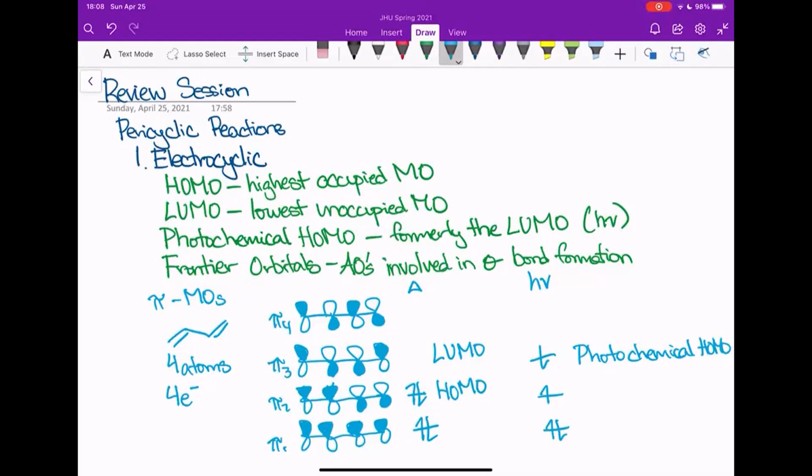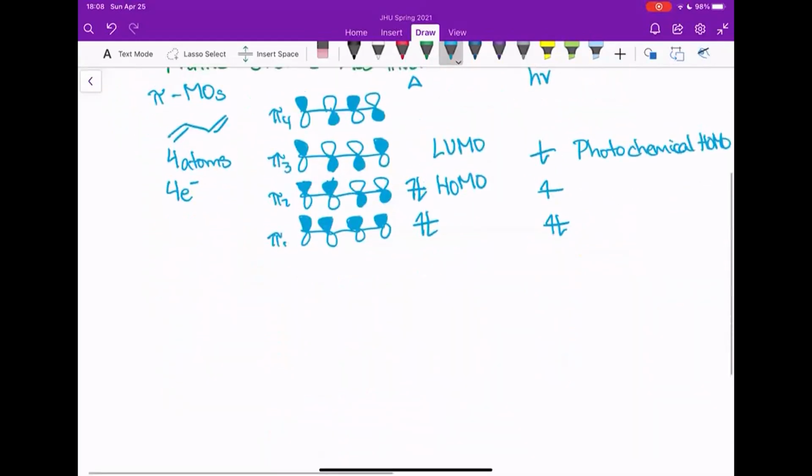Now if we try some examples, using this 4-atom pi system, we can draw out where the HOMO is. Let's assume that we're operating under heat right now, so we're just going to be using our pi 2 level.